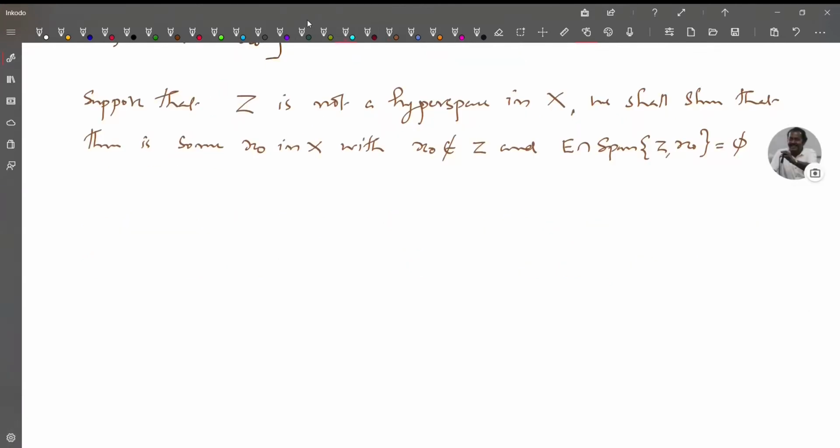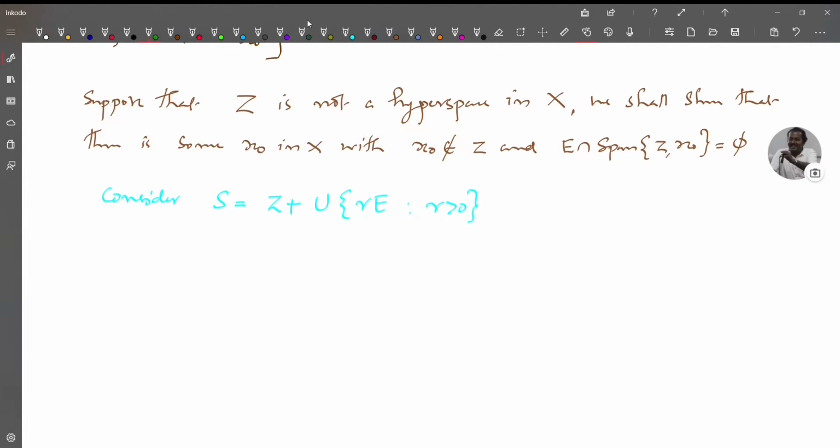For which you consider S equal to Z plus the union of rE such that r greater than 0.